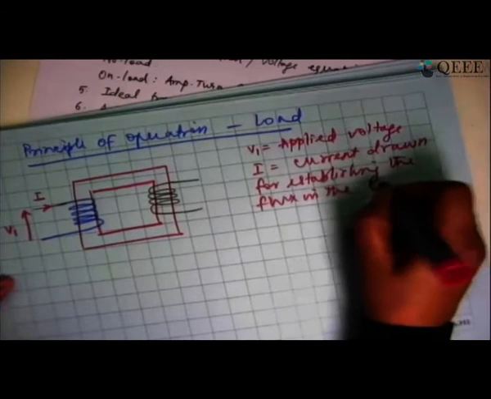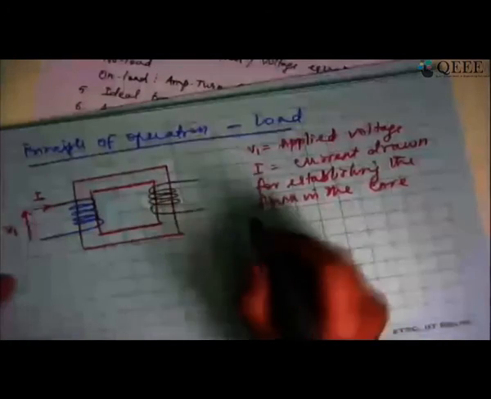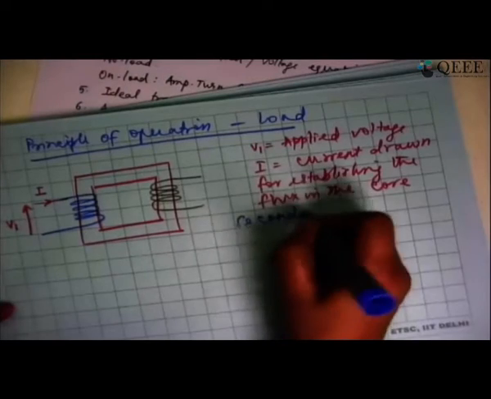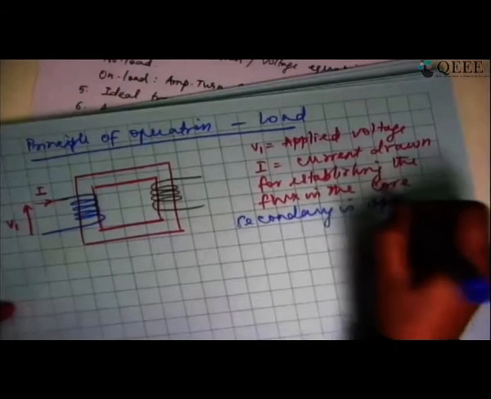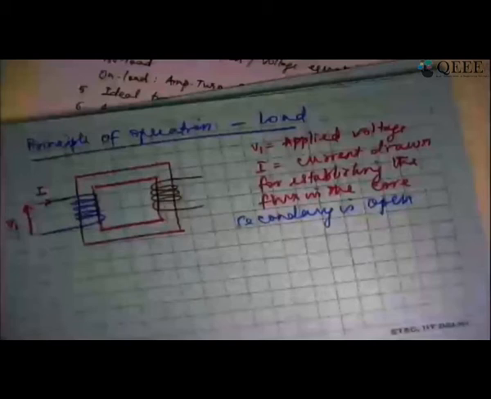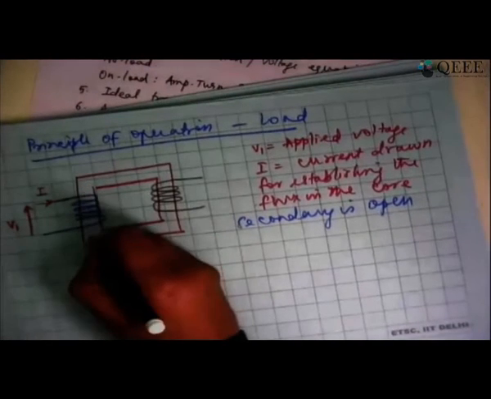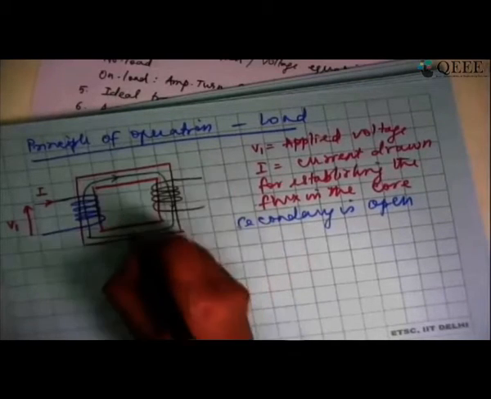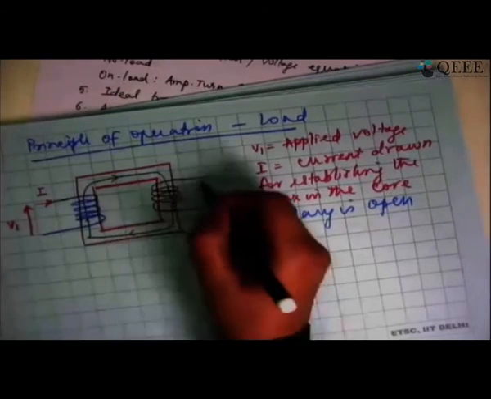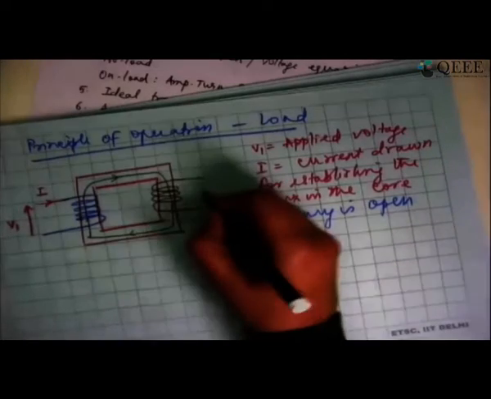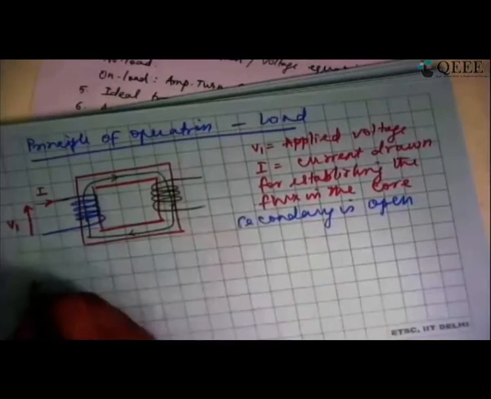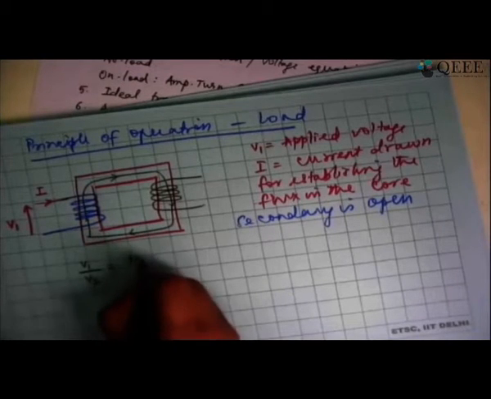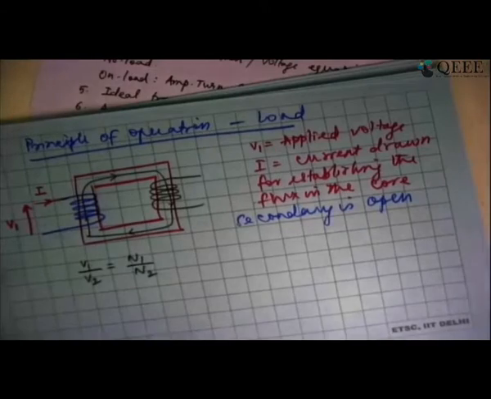At this point, I have left the secondary open. No load is connected. It is simply open circuited. So some flux line has been established here, so I am definitely going to have some induced EMF here. That is governed by the relation V1 by V2 equal to N1 by N2. This we already talked about.